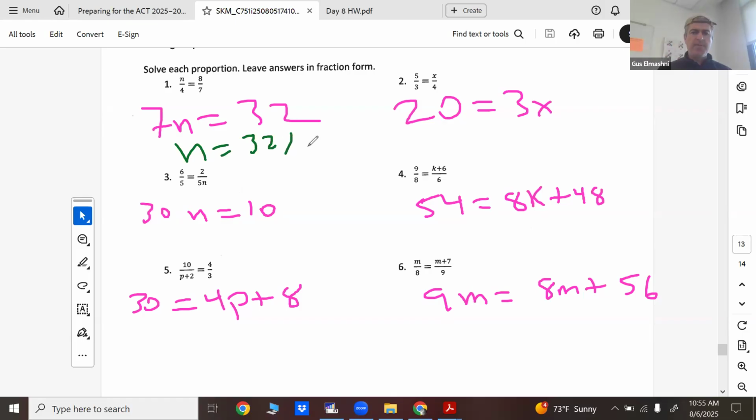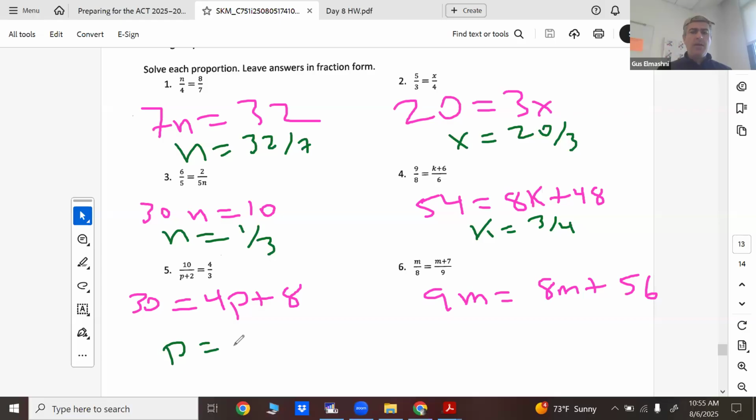Don't worry about reducing it, or getting decimals. Actually, I will reduce this one. It's 11 halves.